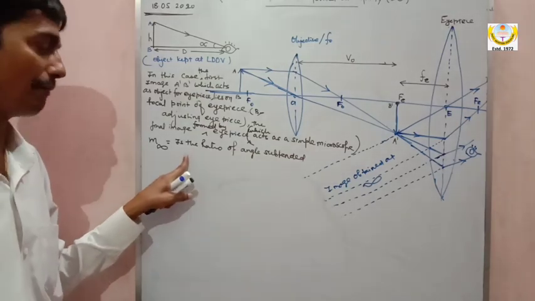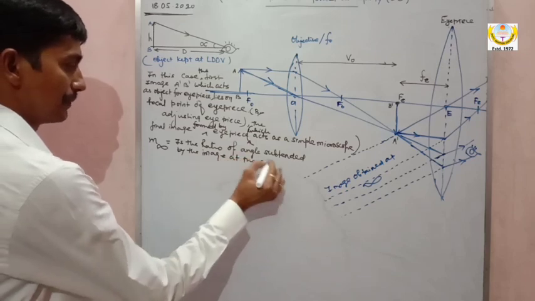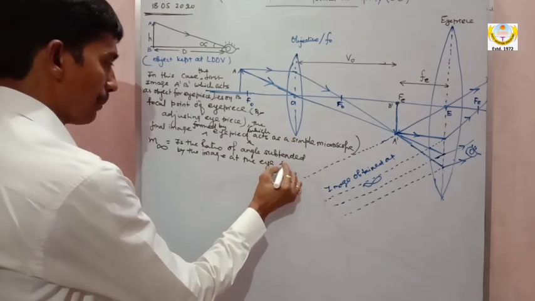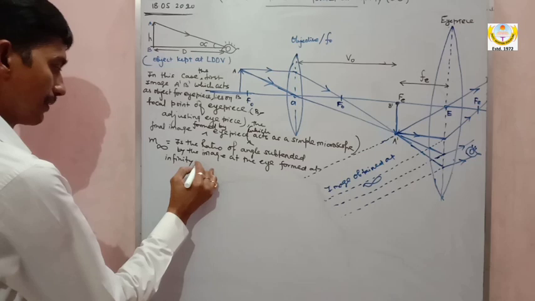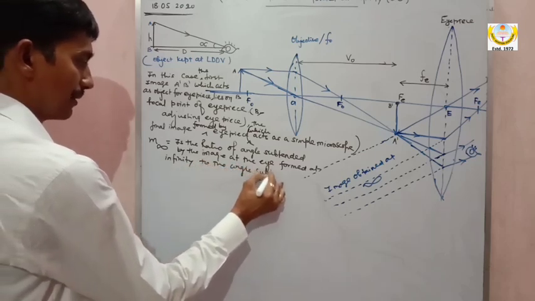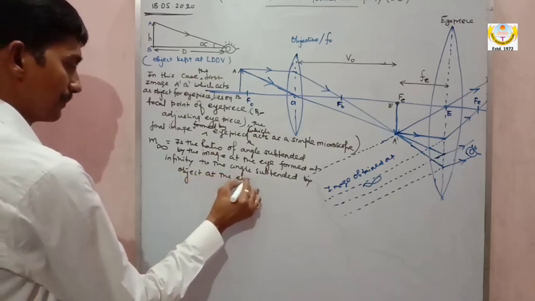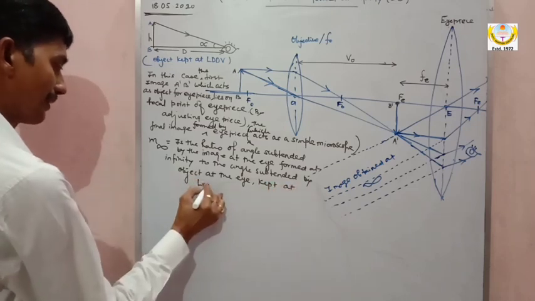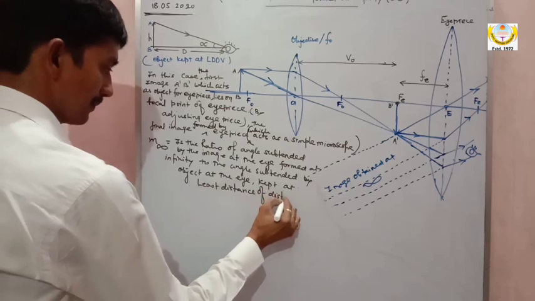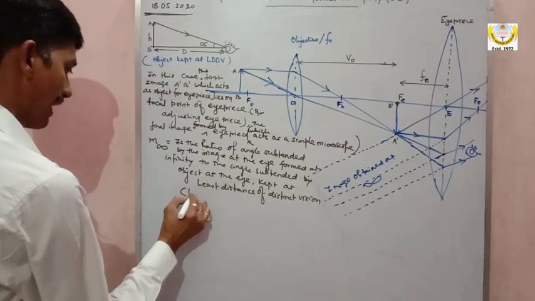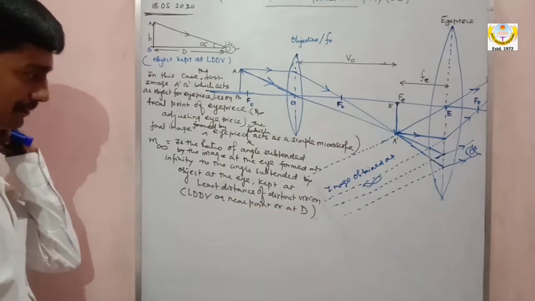Now here, what is magnification at infinity? It is a ratio of angle subtended by the image at the eye, formed at infinity, to the angle subtended by object at the eye kept at least distance of distinct vision, that is LDDV or near point, or at D. I hope it is clear.